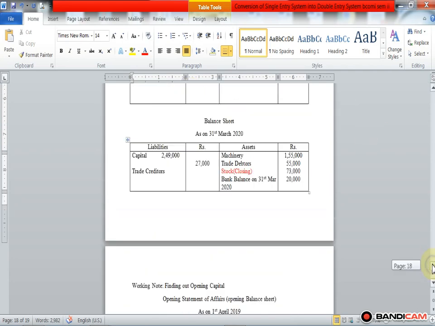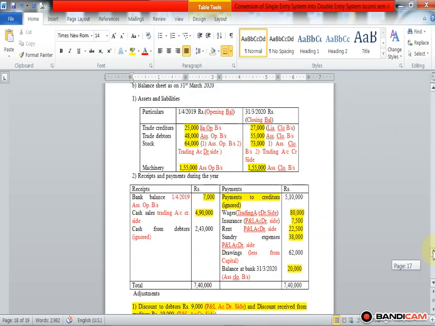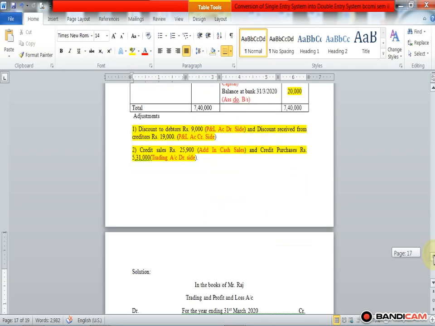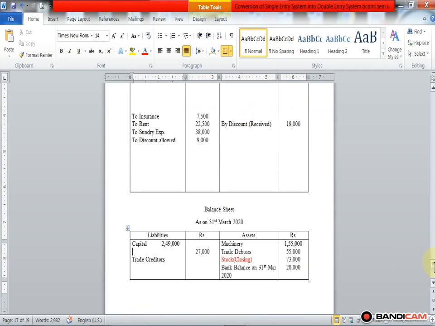Then find out if additional capital is given. In our problem additional capital is not given. So directly we deduct the drawings from capital, that is drawings amounted to rupees 62,000.